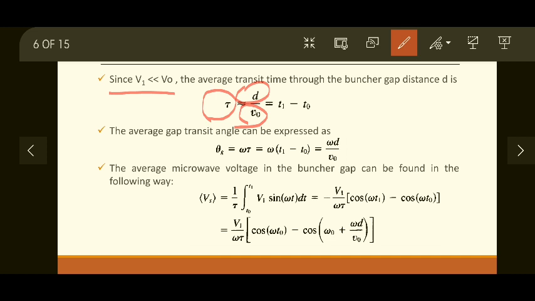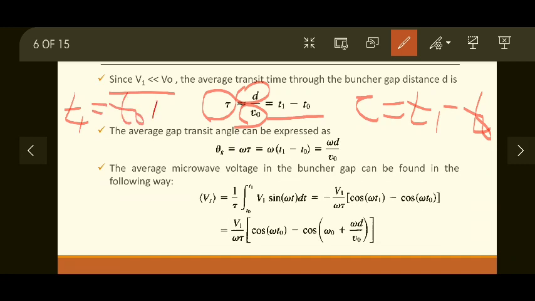That is given as t1 minus t0, which is quite obvious; we have seen that in the diagram. So tau is nothing but t1 minus t0. We can rearrange this as t1 equal to t0 plus tau. This is rearranged, and we will require this rearrangement.